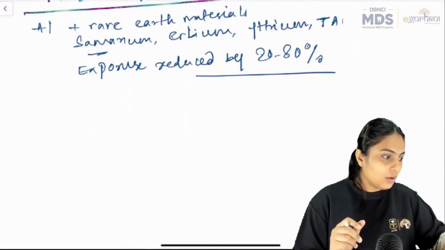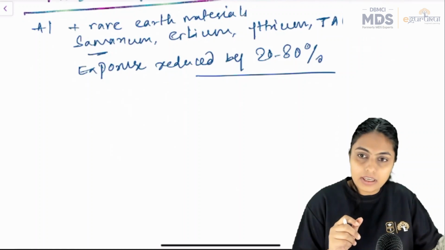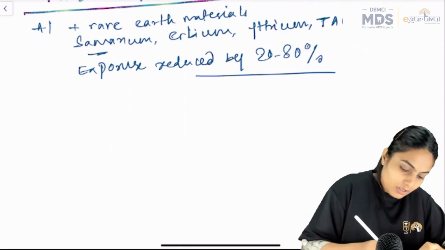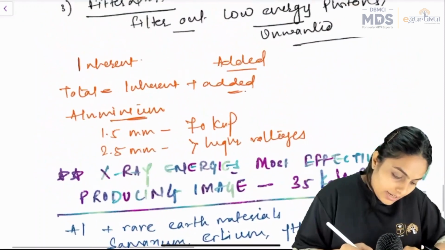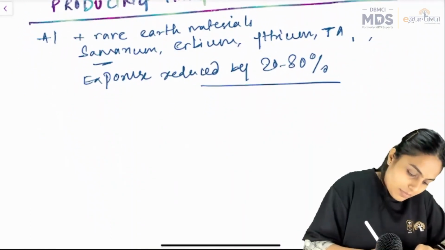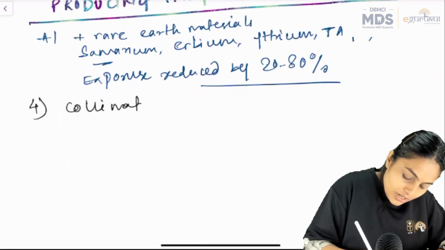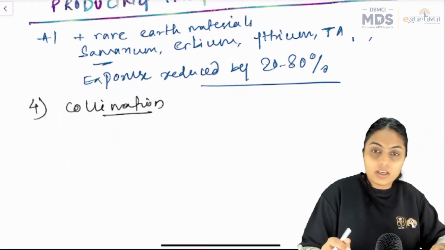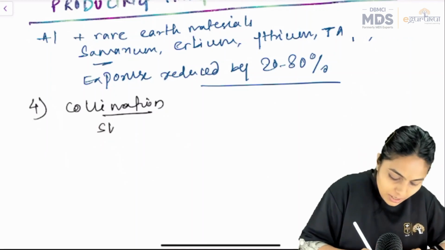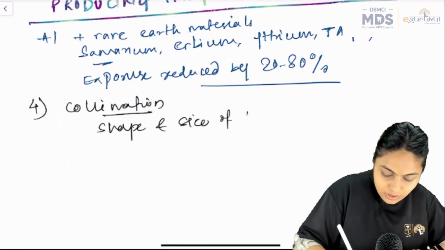Now we are going to look at collimation. The next entity that we have is collimation. Collimation basically controls the shape and size of the beam.